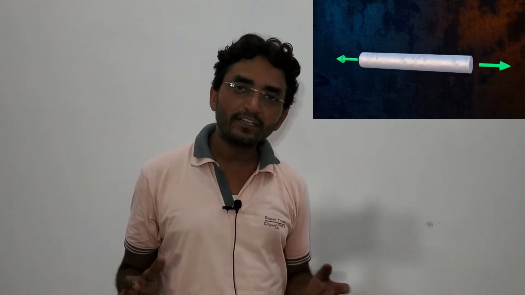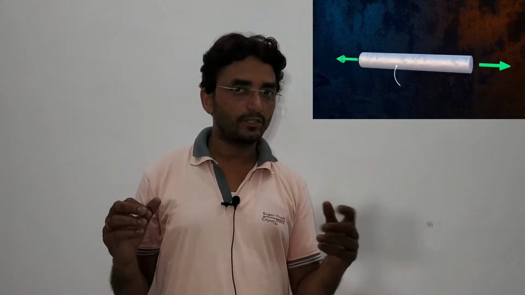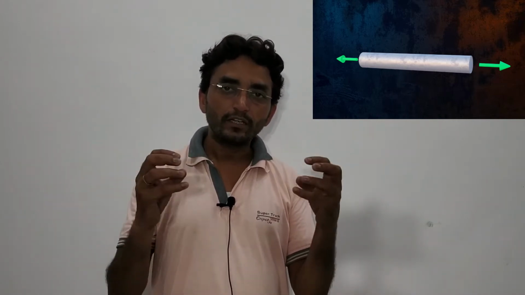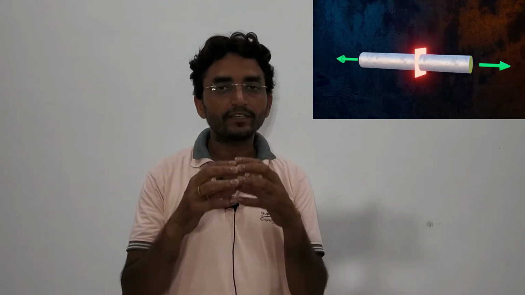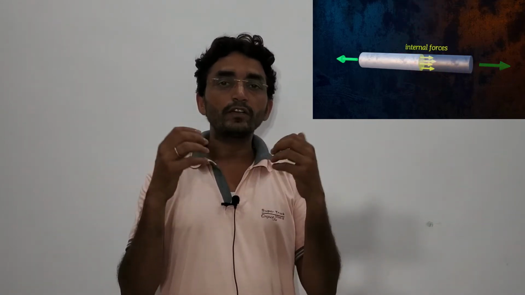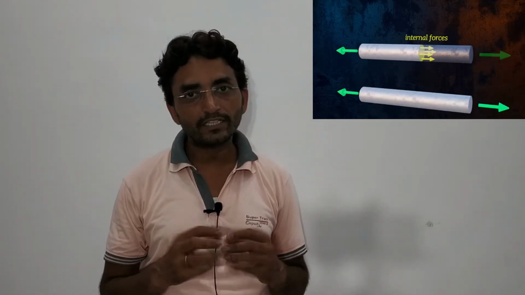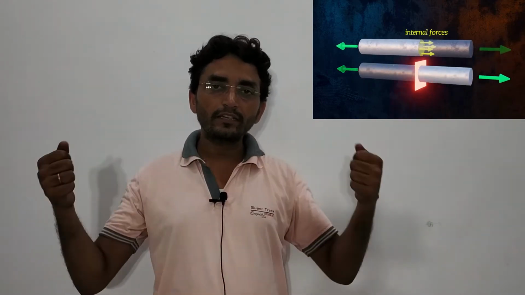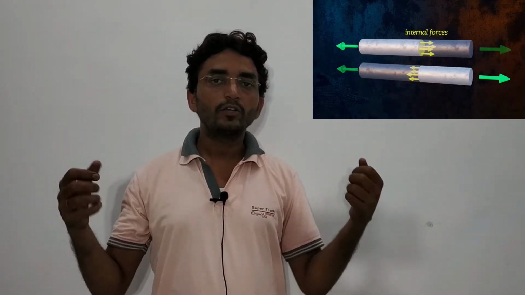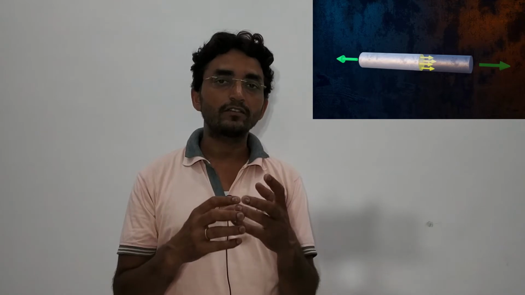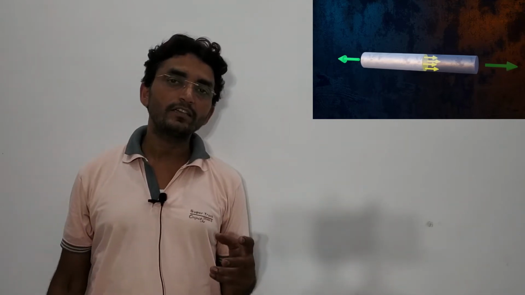As we all know, in solid metals the molecules are very closely packed, and the intermolecular forces between the molecules are very high. Whenever the force has a tendency to elongate the bar, the molecules create an internal resistance against this external force.